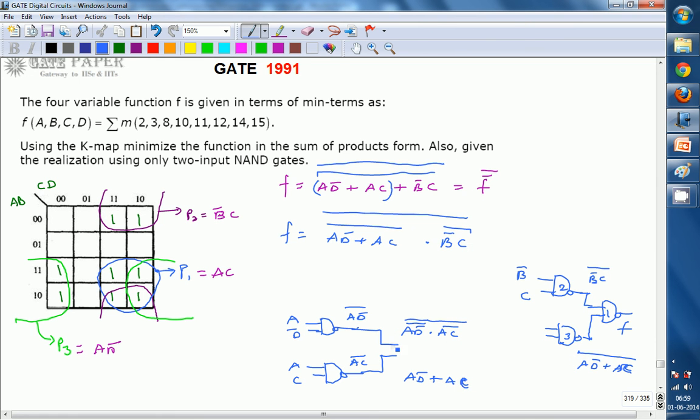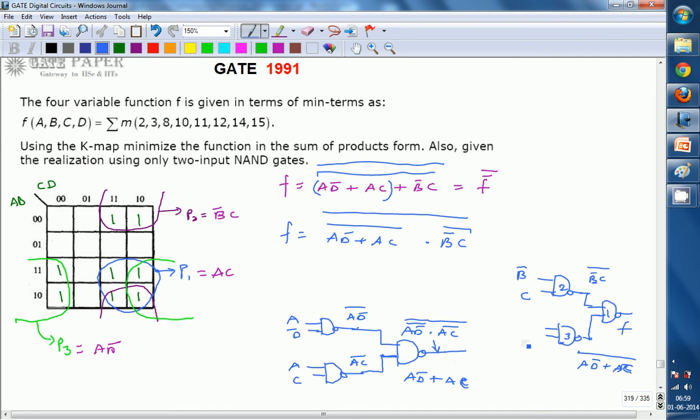So to get a complement, what you have to do is connect these two, these two are going to be connected to a NAND gate, whose output is nothing but this one.